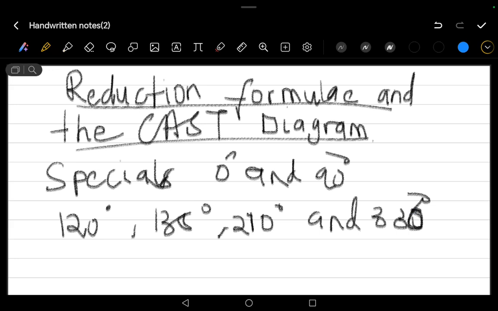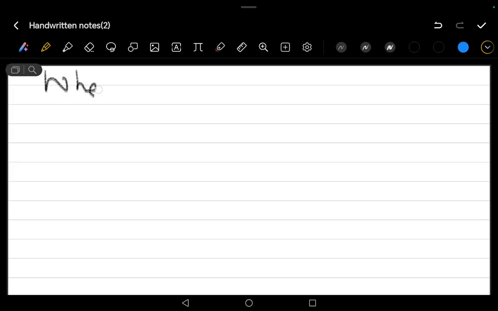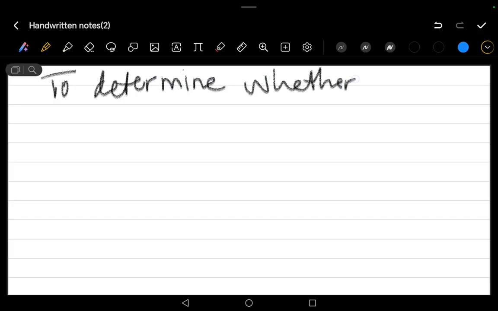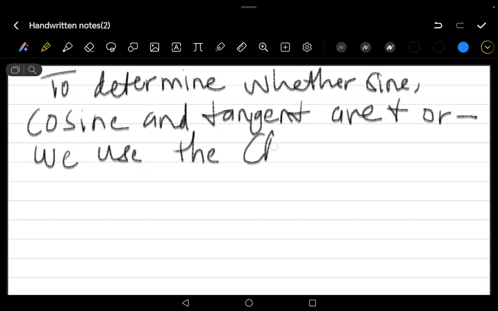To determine whether sine, cosine, and tangent are positive or negative, we're going to use the cast diagram.